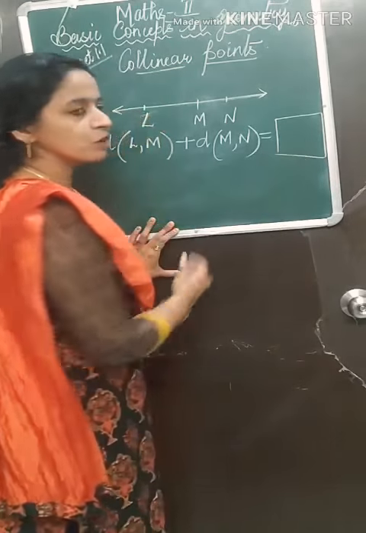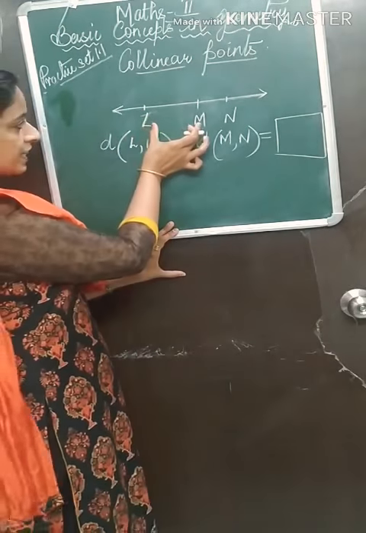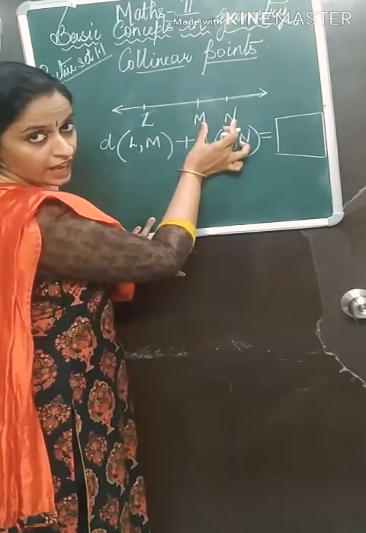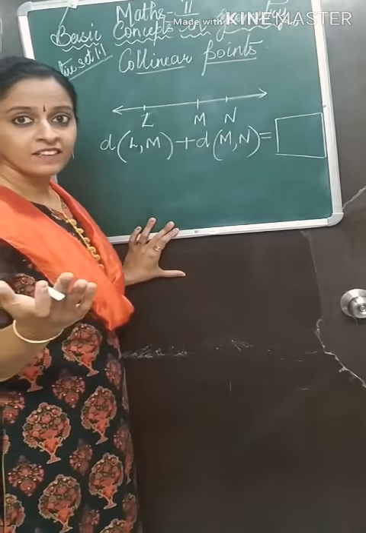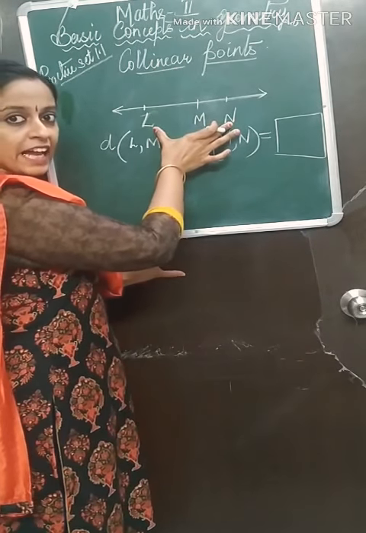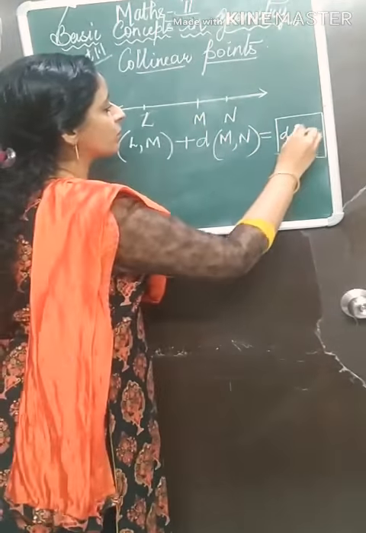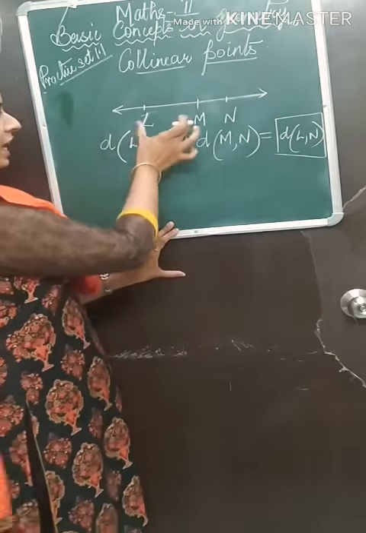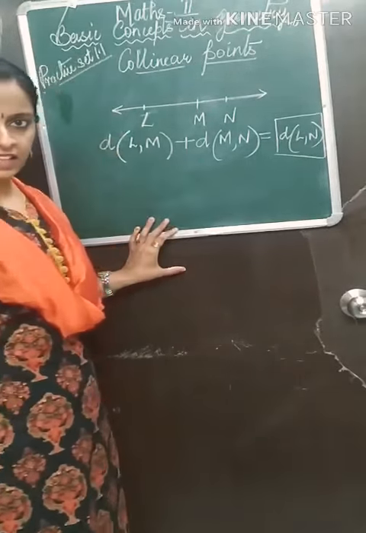What will come in that box? Distance between L and M plus distance between M and N will be, yes, you got it right, distance between points L and N.